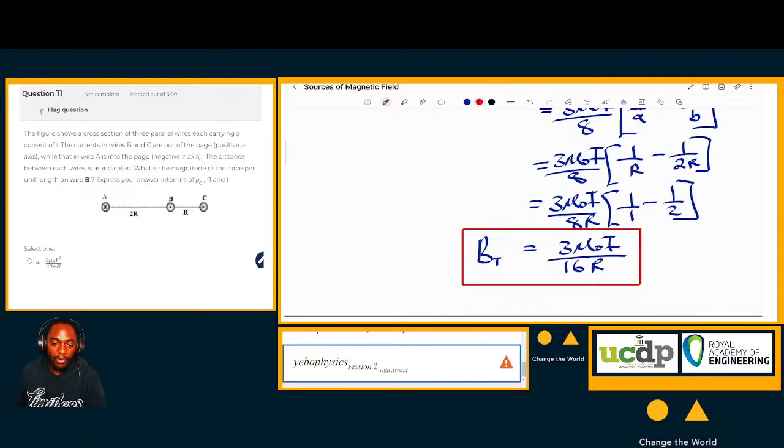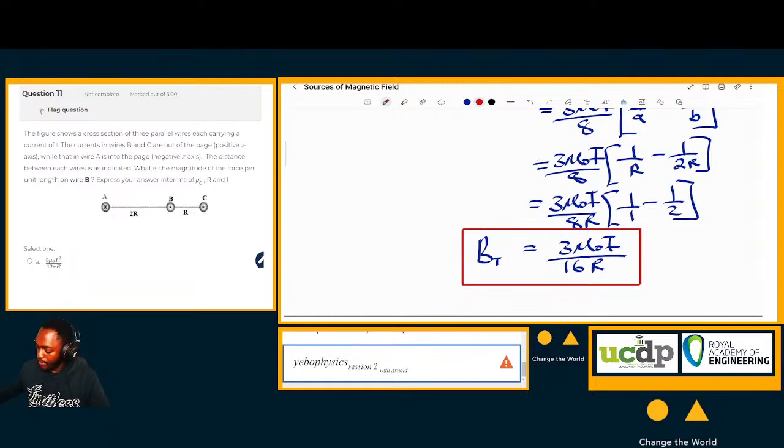And for A, we can see that it's a star, so it's into the page. The distance between each wire is indicated. What is the magnitude of the force per unit length on wire B? Express your answer in terms of mu naught, R, and I.